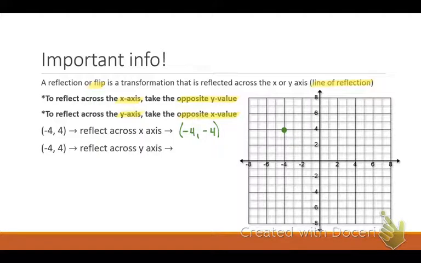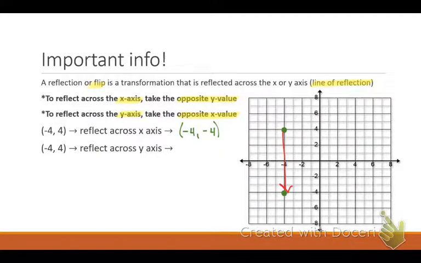Negative 4, up 4. Now plot your new point. Negative 4, down 4. So in order to get from the first point to the second point, which axis did it cross?